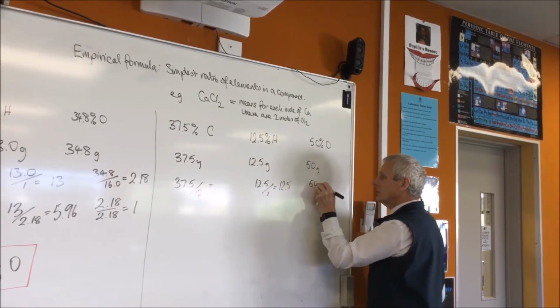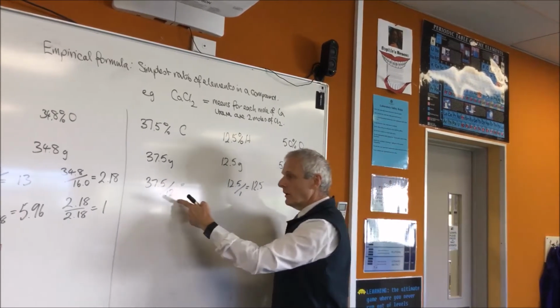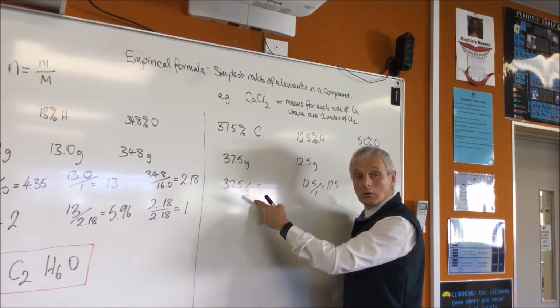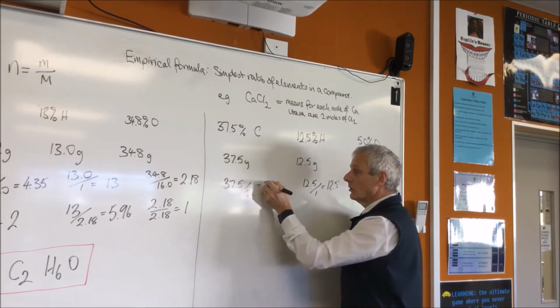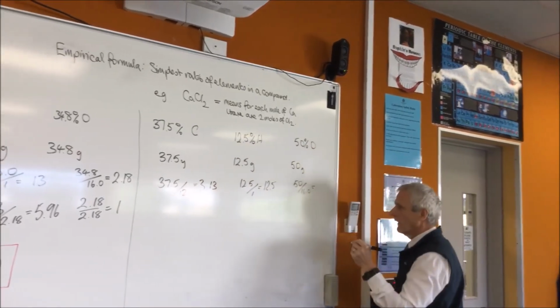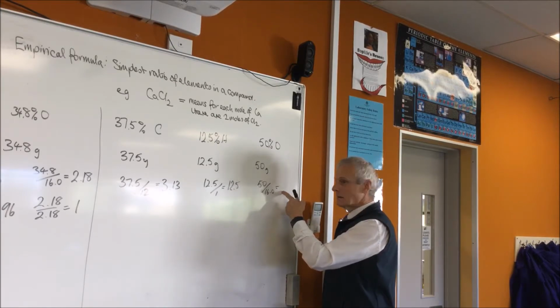And 50 divided by 16.0. So 37.5 divided by... Anyone? 3.13.